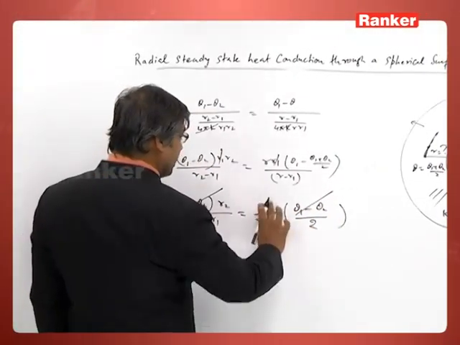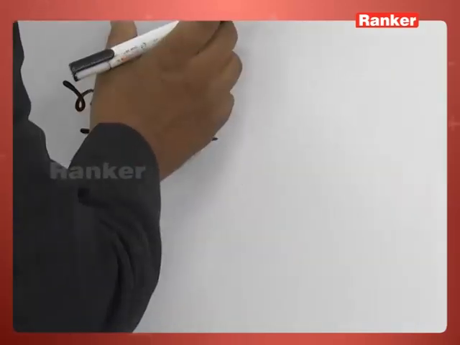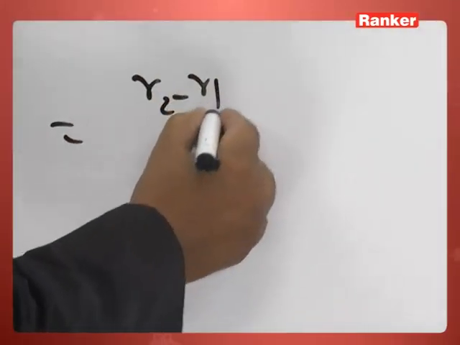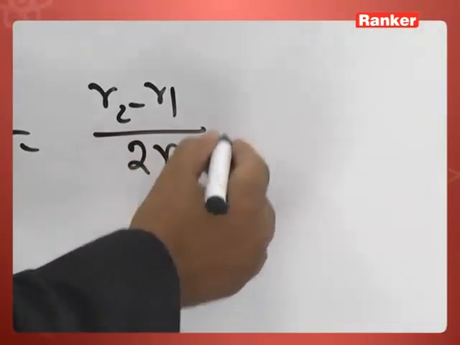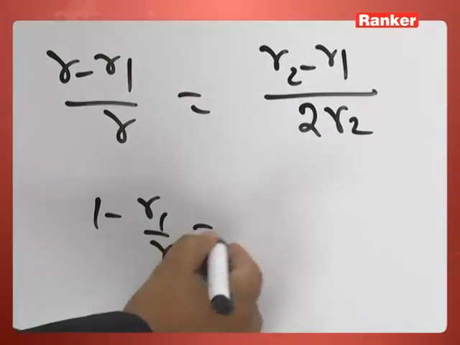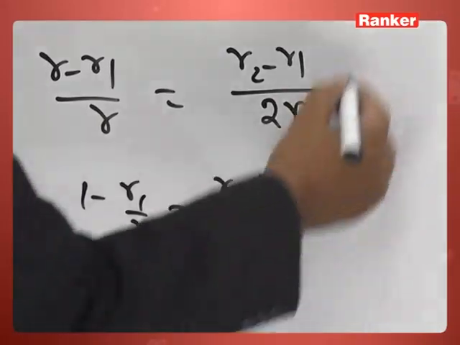I am interested in R, so (R minus R1) by R is going to be (R2 minus R1), this R2 will go this side, so it will be 2 R2, and 1 minus R1 by R becomes (R2 minus R1) by 2 R2.